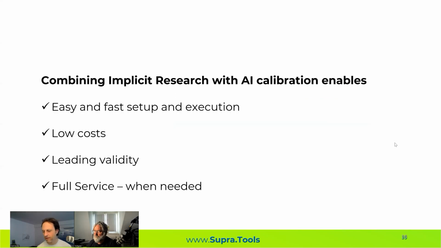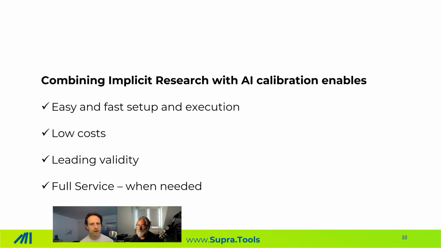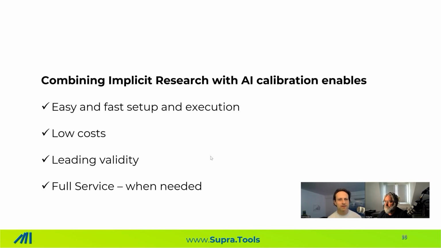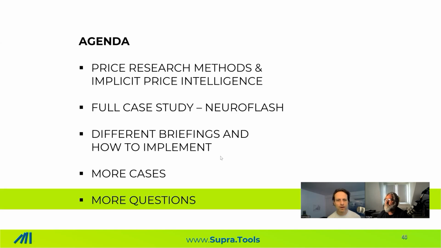So this gives you a good validation that for low budgets, you can have a validity where you required in former times much higher budgets. It's easy and fast to set up, as you have seen. It has low costs, high validity. There is full service when needed to set all this up.